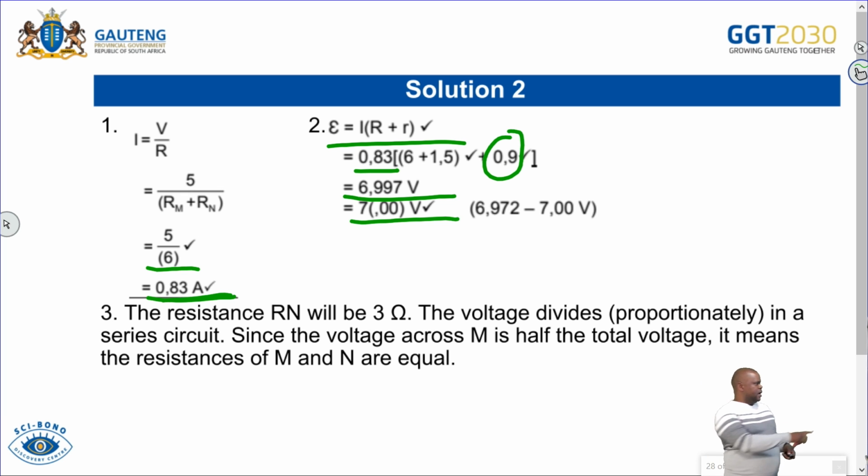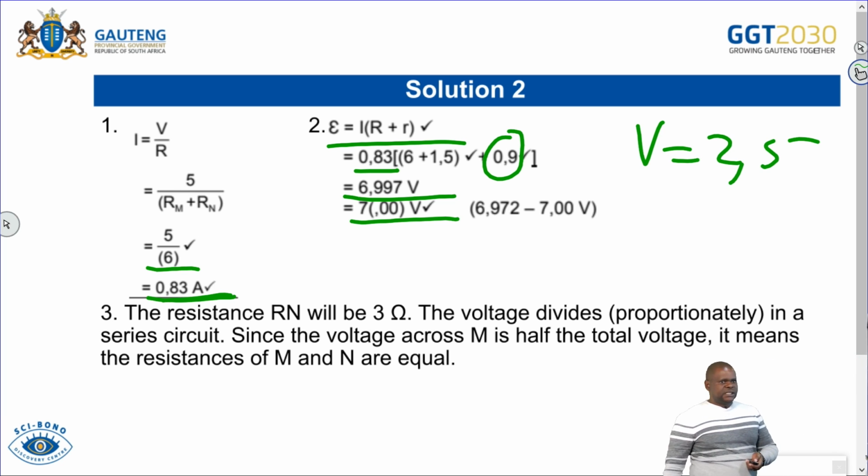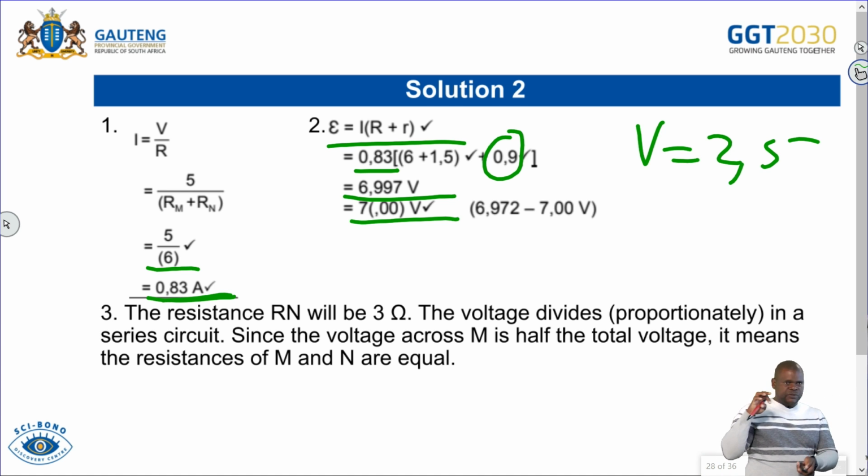It says here, resistor N is 3 ohm. How so? This is because we're given that V is equal to 2.5. Let me go back.